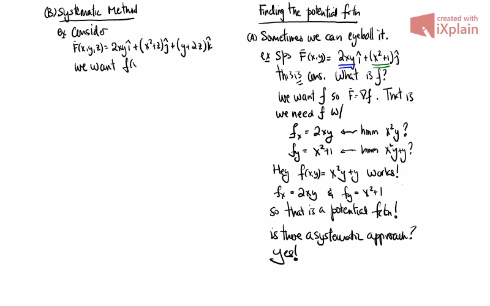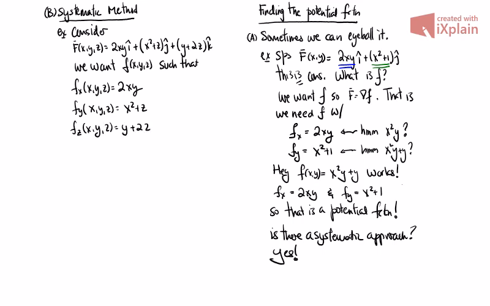We want f of x, y, z such that f sub x of x, y, z would be 2xy, f sub y of x, y, z would be x squared plus z, and f sub z of x, y, z would be y plus 2z.